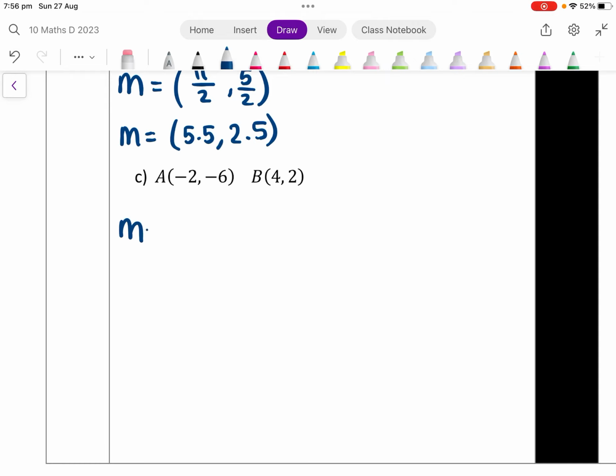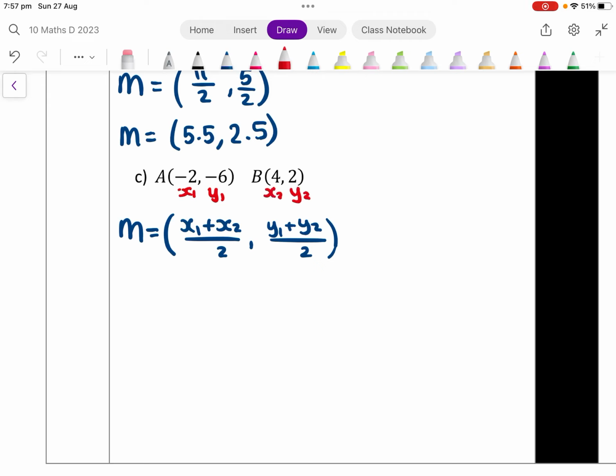So we'll have our formula m equals x1 plus x2 all over 2, and y1 plus y2 all over 2. Again, we have our x1, y1 point, our x2, y2 point. So we'll have that x1 equals -2, y1 equals -6, x2 equals 4, and y2 equals 2.